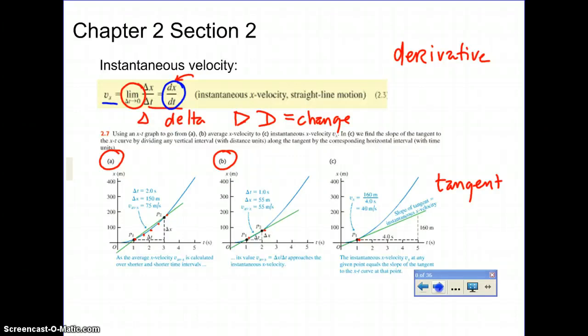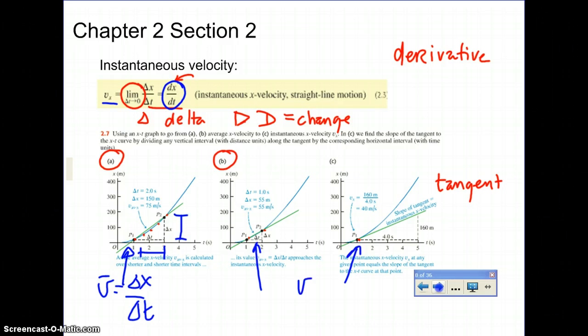This would be more of a big delta x, big delta t kind of graph, because the distance between these 2 points in time and the distance between these 2 points of position are so large that you could really treat it algebraically, the old version of average velocity. Here you can see, and probably even more so here, the difference between those 2 points in time is so small that the difference in those two positions becomes really, really small.